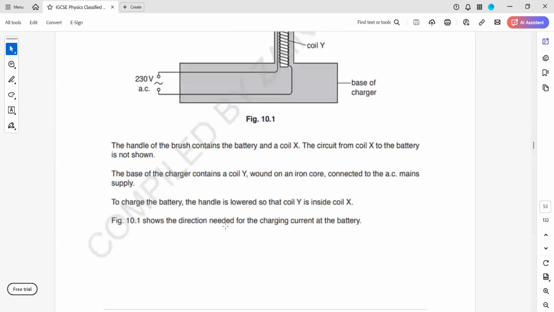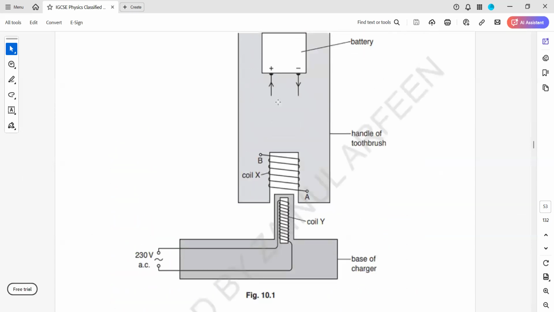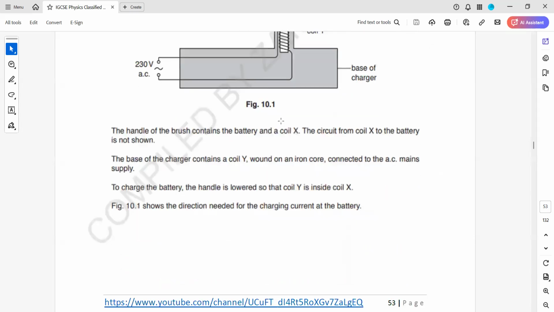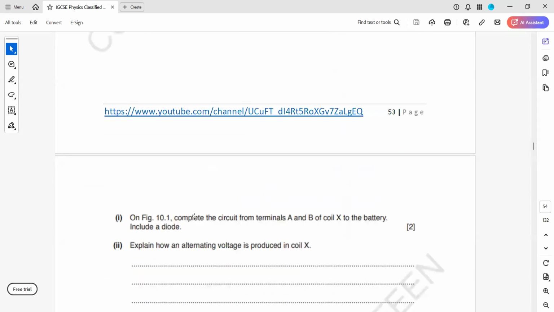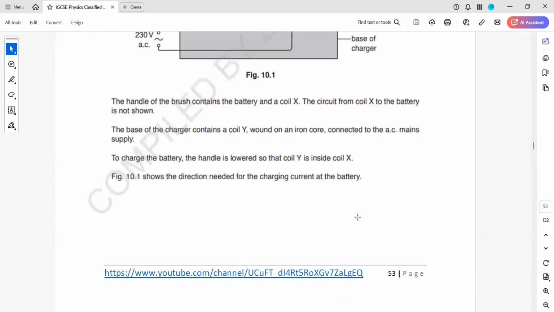Figure 10.1 shows the direction needed for the charging current in the battery. Here, the direction we want the charging current is shown. On the figure, complete the circuit from terminal A to B of coil X to the battery, including a diode.